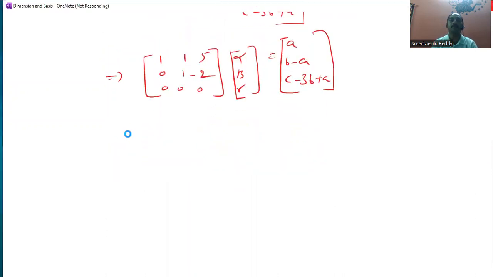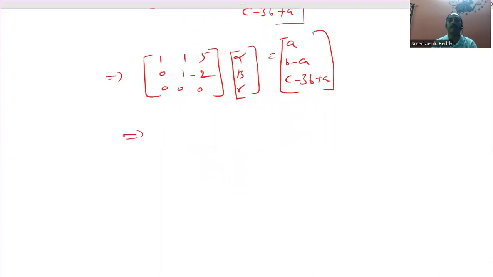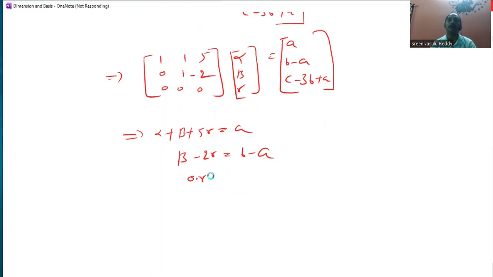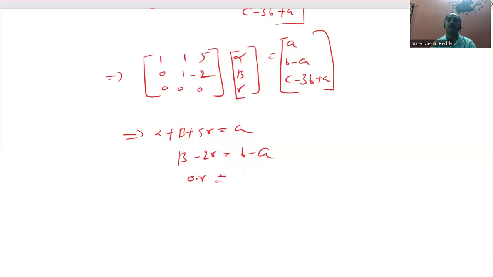First equation: alpha plus beta plus 5 gamma equals A. Beta minus 2 gamma equals B minus A. Last one, 0 times gamma equals C minus 3B plus A.